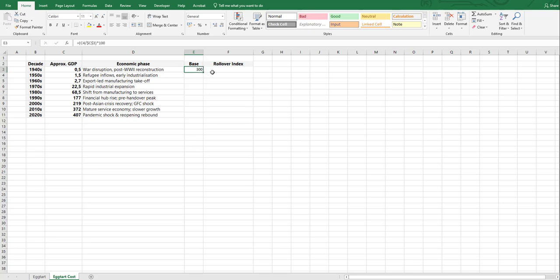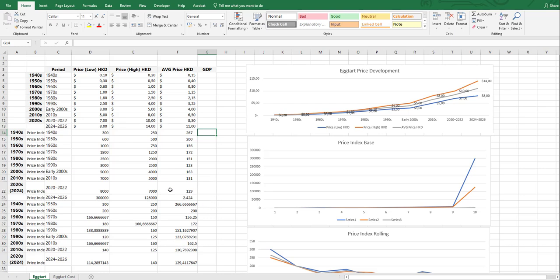Exactly the same amount. Maybe I'll put it here as the Eggtart, but the economy in the 2020s is 81,000 higher, and this one doesn't make sense, it is 8,000 higher.